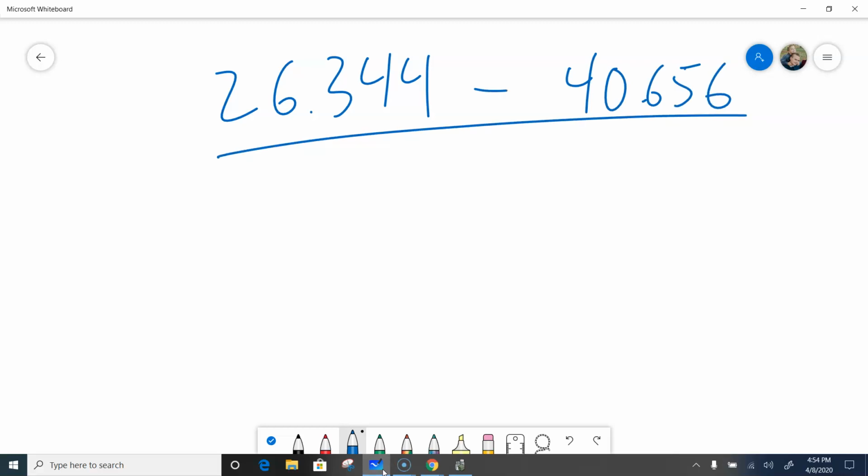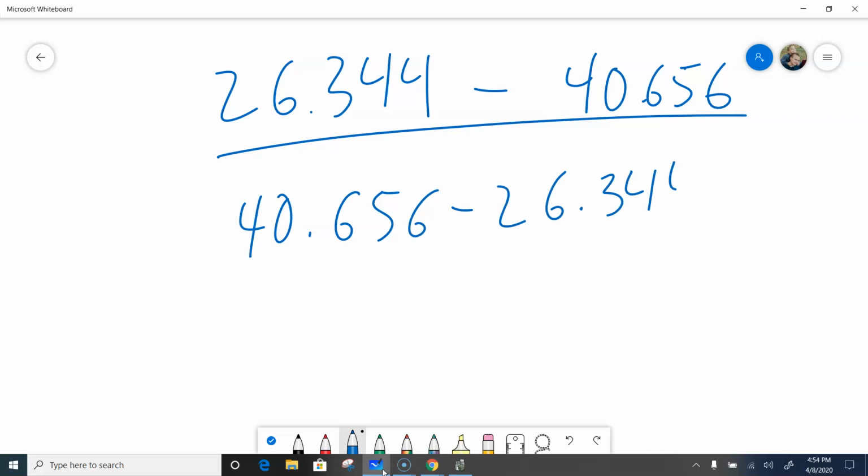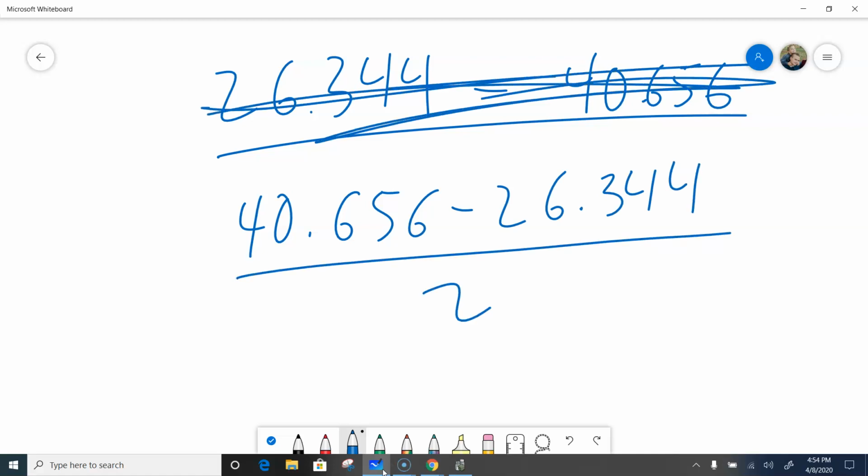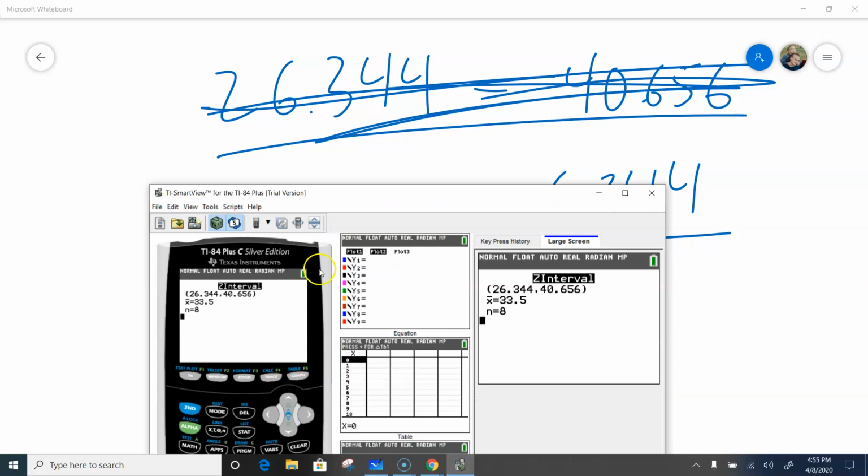And they want margin of error, so if you remember, oops, I always do that. We're going to subtract and divide those by 2. Just wrote them down in the wrong order, because I don't have everything on my screen at the same time. So 40.656.